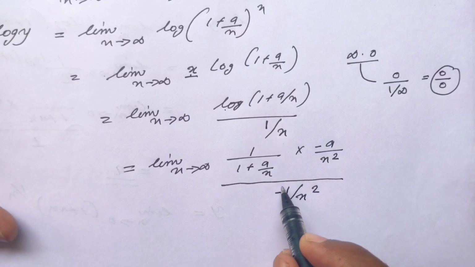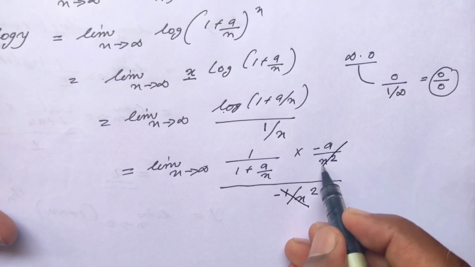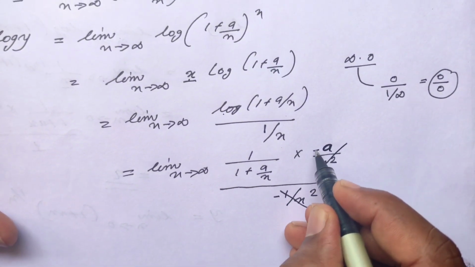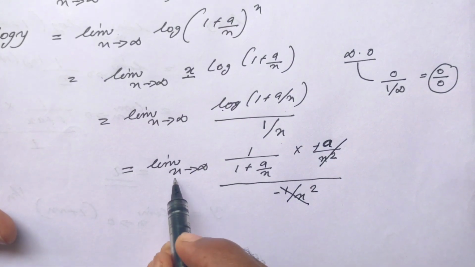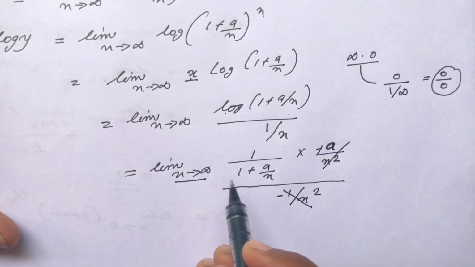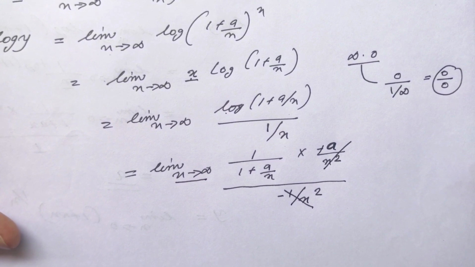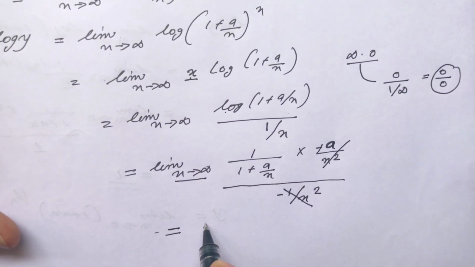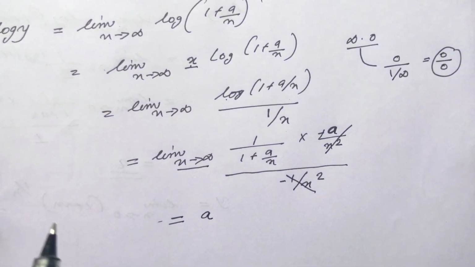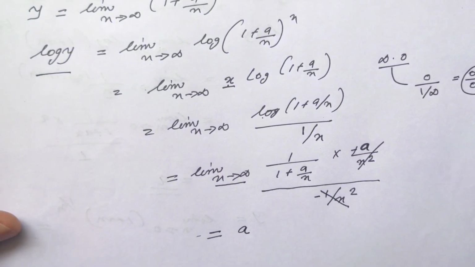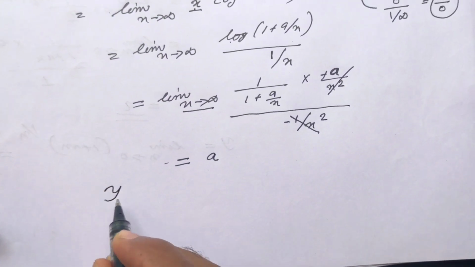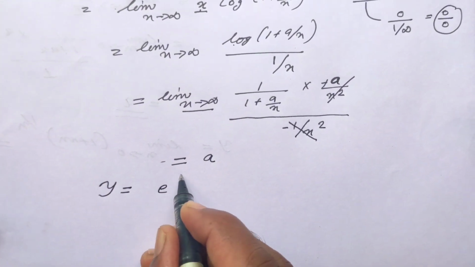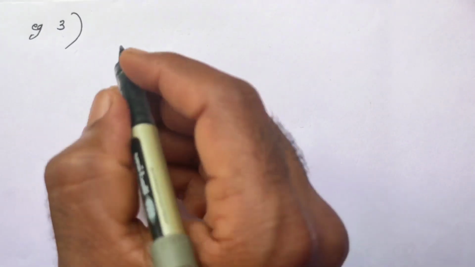So the minus 1 by x square terms cancel, and there will be a term a, and if we apply the limit x tends to infinity, a divided by infinity will become 0 though, so the final answer will come as a. So log of y equal to a, therefore the final answer of the limit y will become e raised to a.